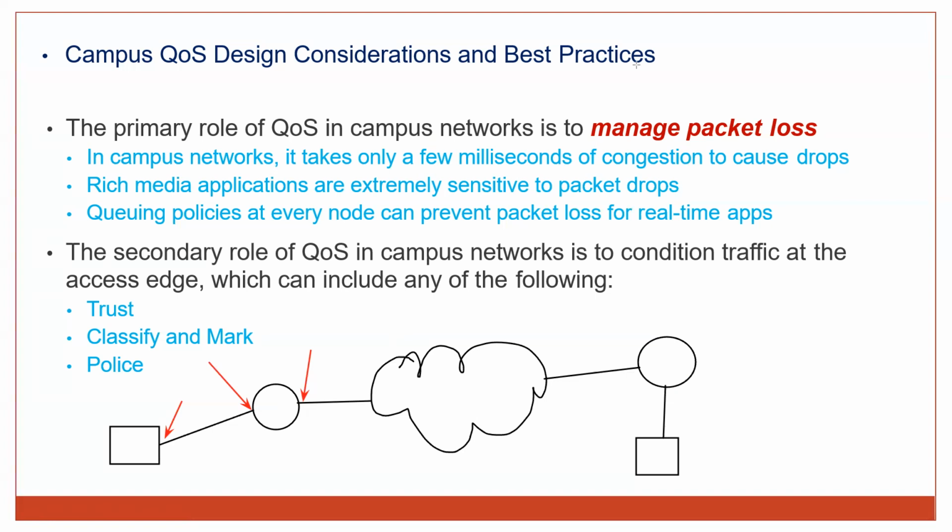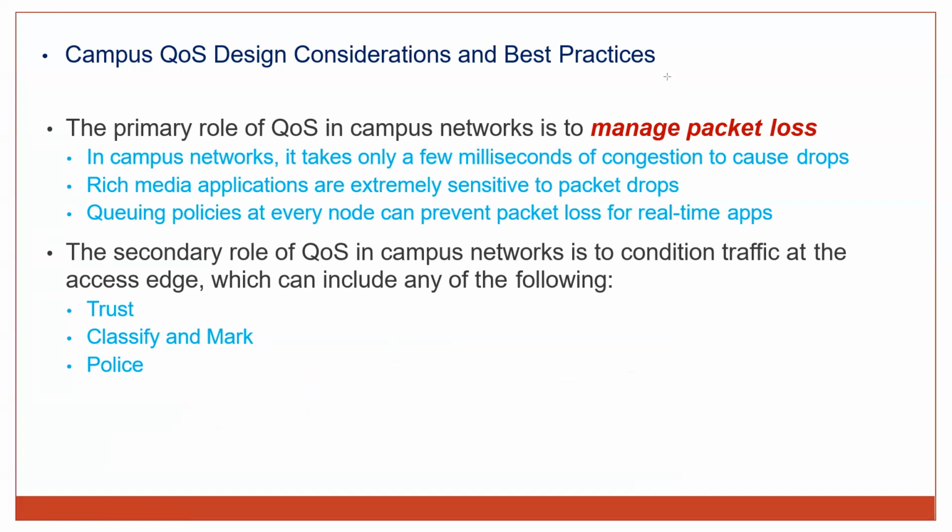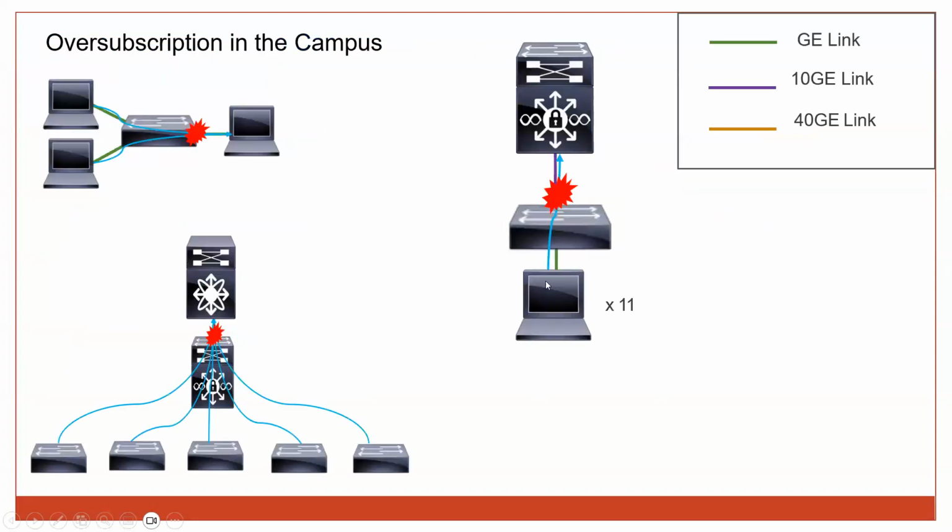Maybe you have other routers as well before reaching the LAN. So you will pick on which particular interface you will apply QoS. In the LAN network, we know that generally we apply QoS on the distribution switches. Okay, we'll see that.